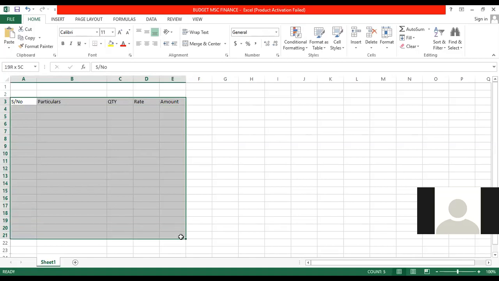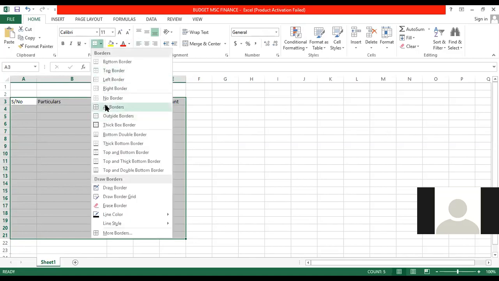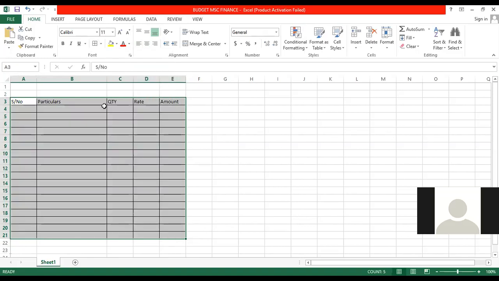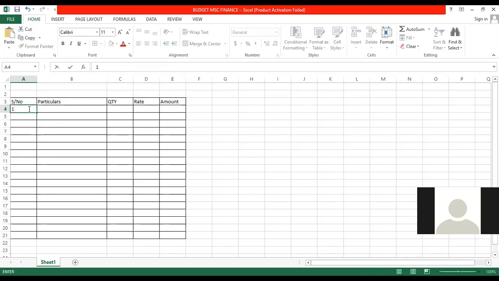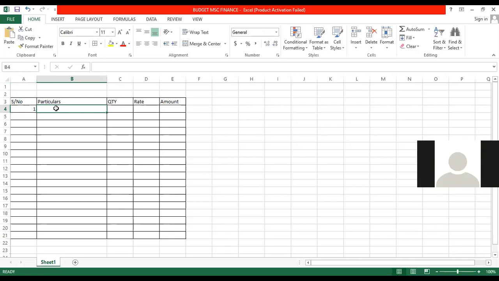Let's use this as an example to share some basics when it comes to our budget. Here we have number one. A budget must show your income, must show your revenue, must show your cost.